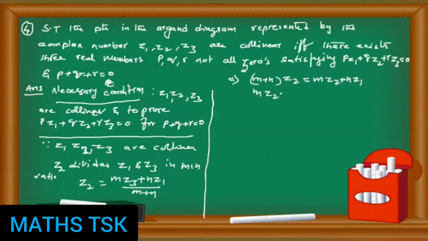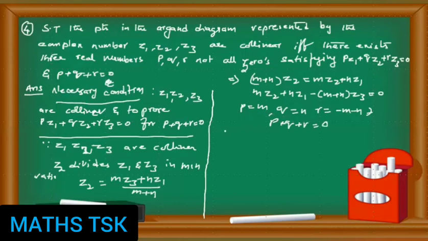So mz3 plus nz1 minus of m plus n Z2 is equal to 0. So P is equal to M, Q is equal to N, R is equal to minus M minus N, isn't it? When you compare with the P Z1 plus Q Z2 plus R Z3, we can write P plus Q plus R is equal to M plus N minus M minus N becomes 0. This is the necessary condition.